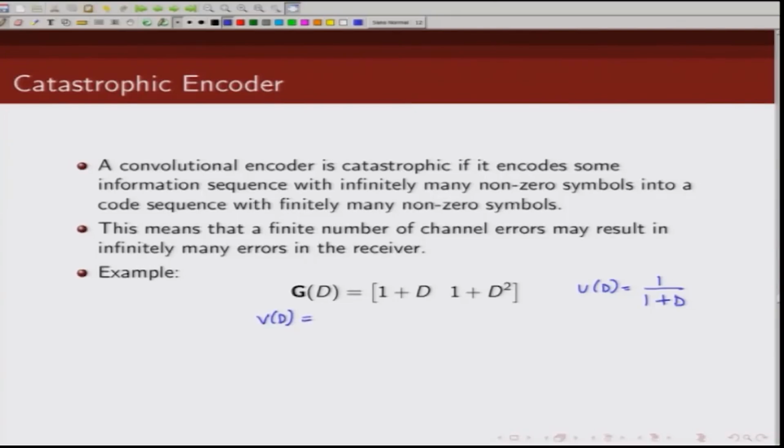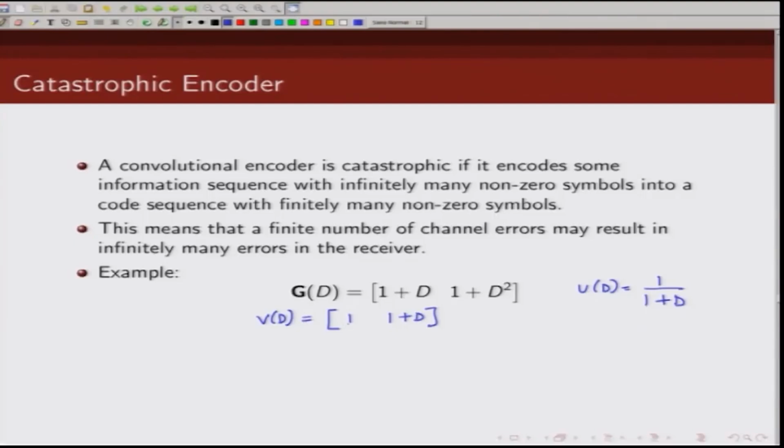Your output sequence would be [1, 1 + D]. So, you will get an output sequence which has weight only 3, whereas your information sequence has an infinite number of ones. Here is an example where an input sequence with a very large number of ones gets mapped to an output sequence of only weight 3.